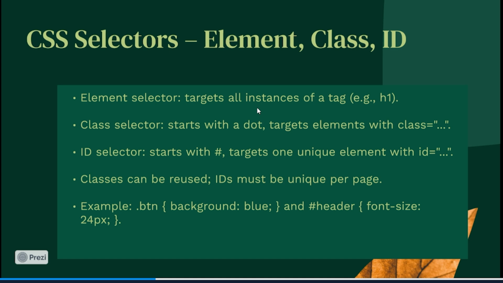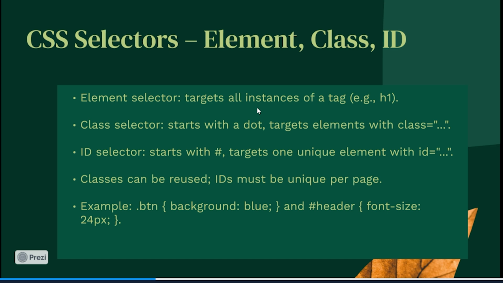The element selector targets all elements of a specific type, and the class selector can be reused on multiple elements. Okay, the ID selector is a unique selector. If you add one ID, you cannot reuse the same ID name another time. The ID selector is used only one time because it's a unique element.